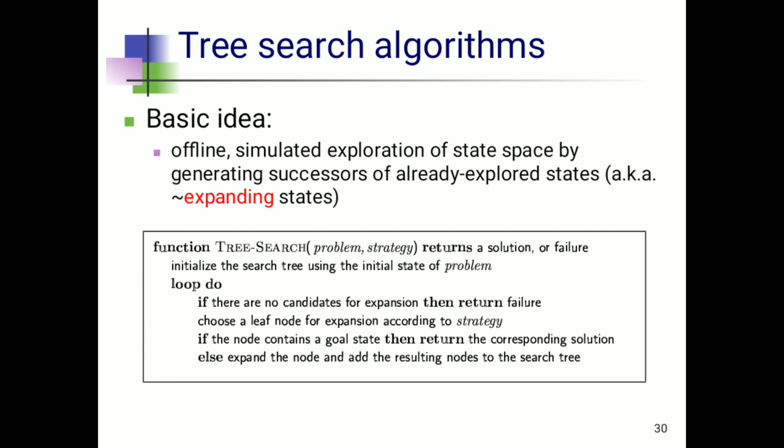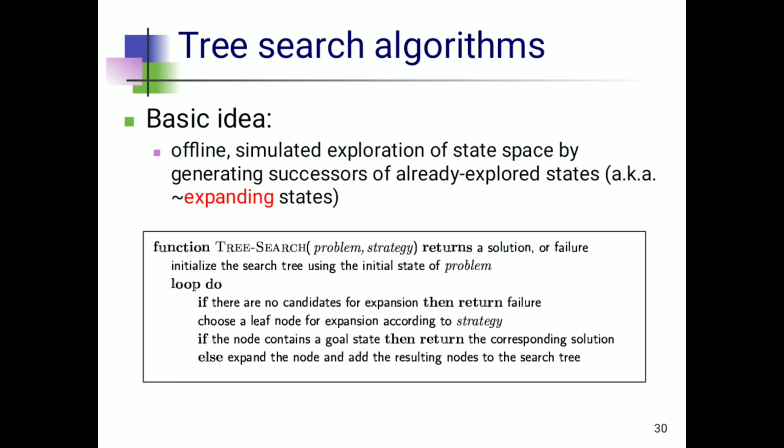Here is the program for the tree search. The function name is tree search, and the input is the problem and the strategy that can be used to solve that particular problem. It returns a solution or a failure.